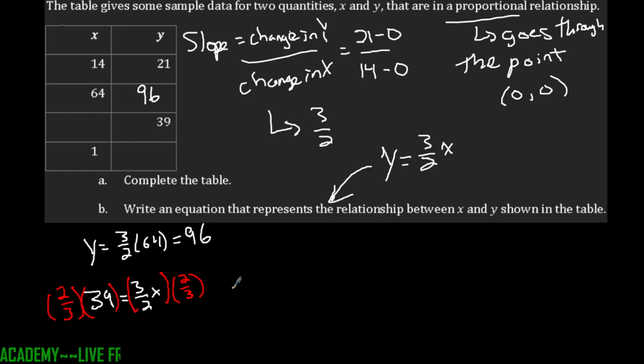So x equals 26. And then when x equals 1, that's just going to be 1 times 3 over 2, which is 3 over 2. So notice how, once you have part of this equation, you can solve for those points.